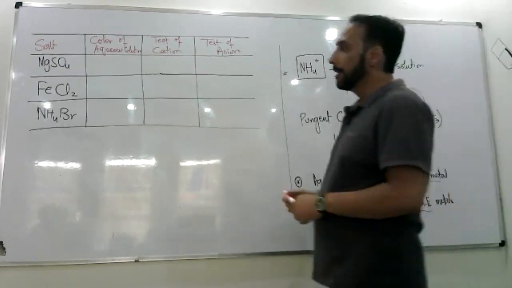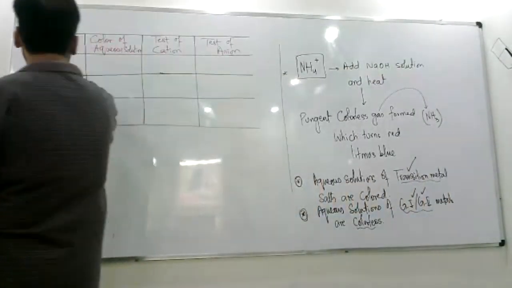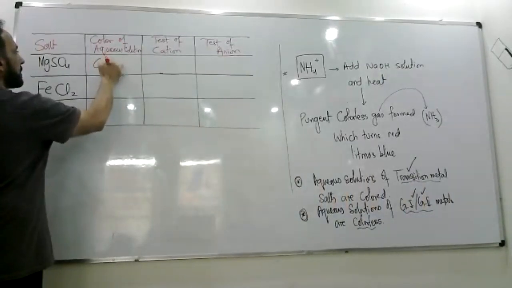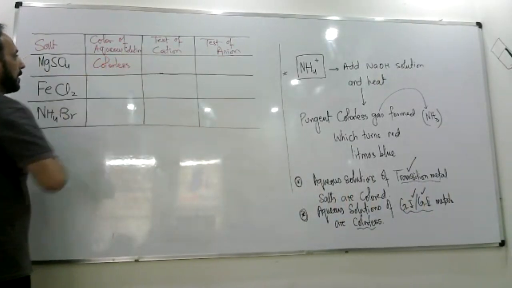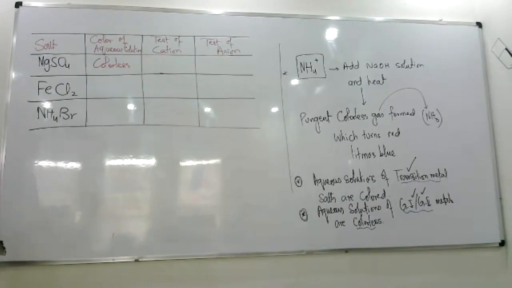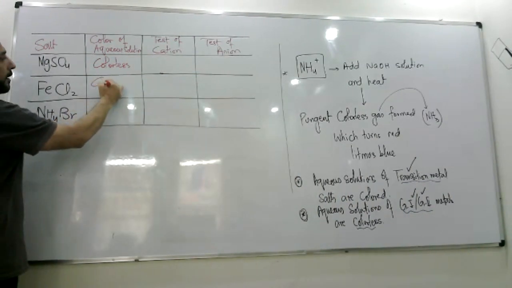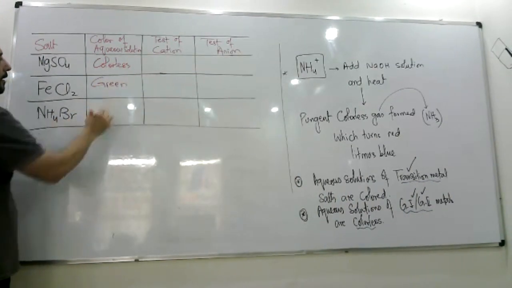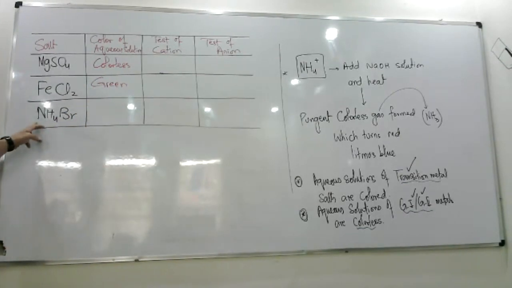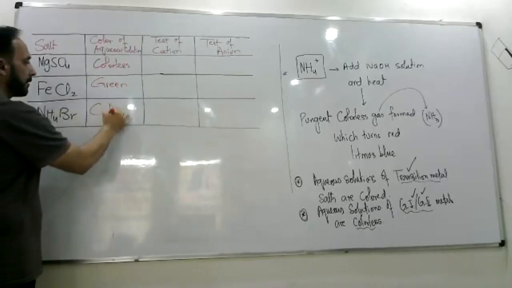All right. So the color of the aqueous solution of magnesium sulfate will be colorless. Iron 2 chloride will be green, gray green. Ammonium bromide would be colorless because that's not a transition element.